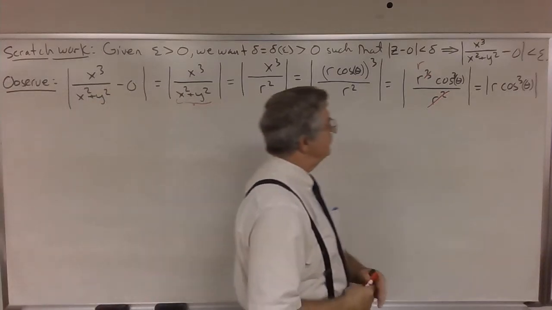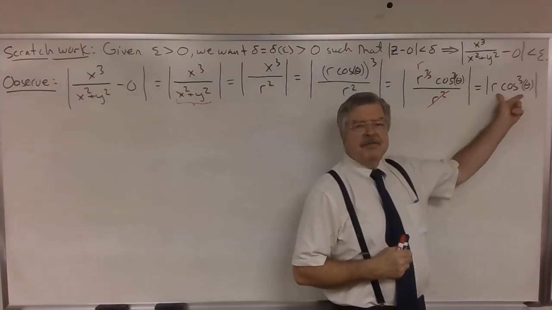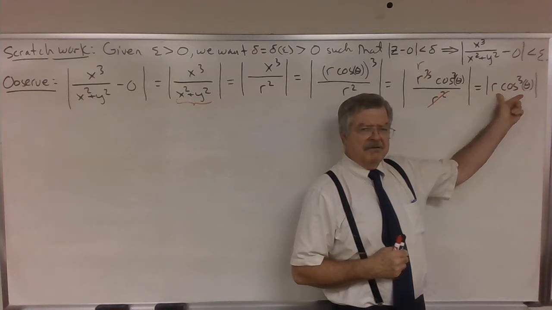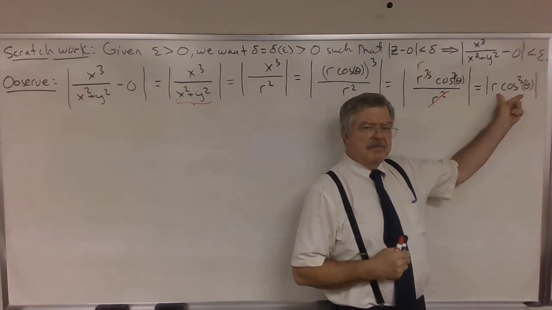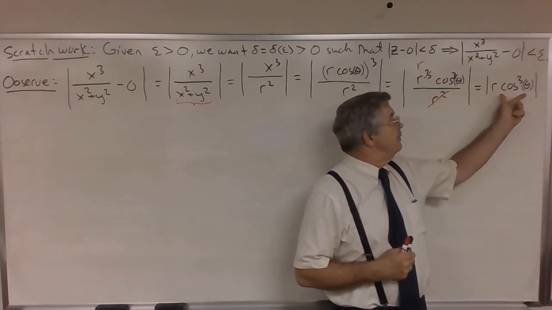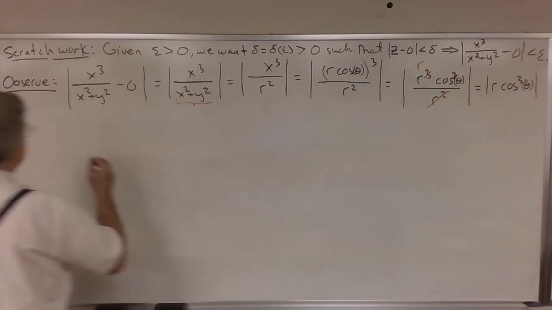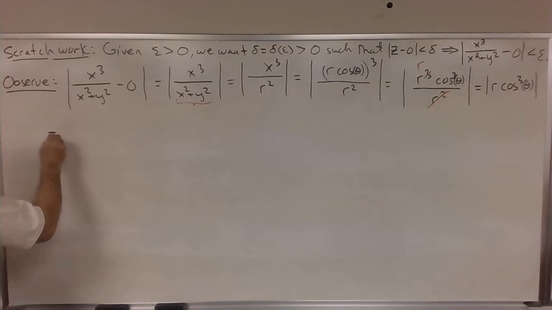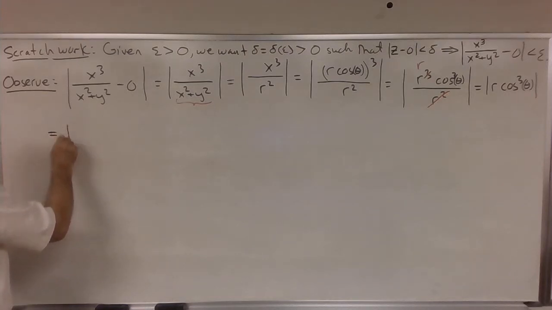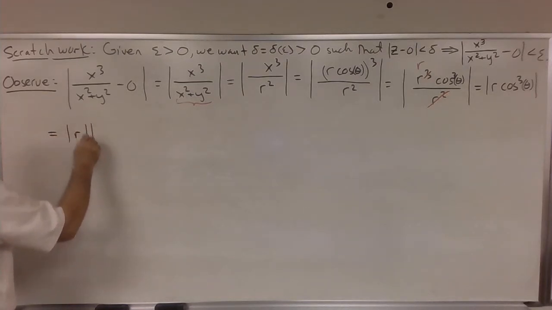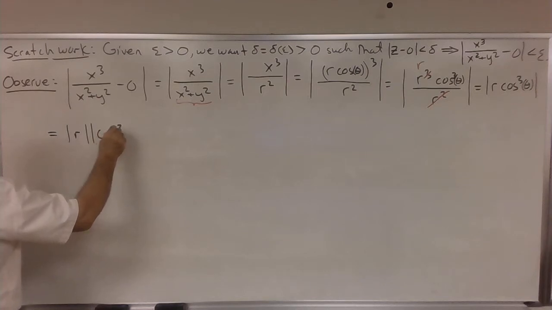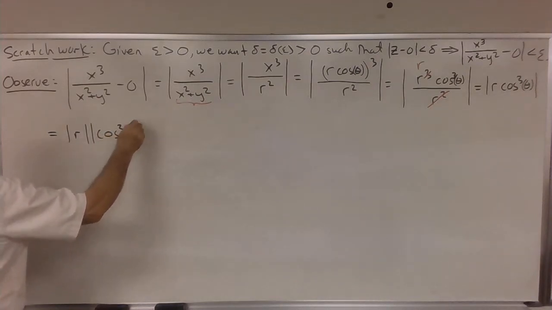And we have this property that the modulus of a product is equal to the product of the moduli. So we can split this up. We're going to get modulus of r times modulus of cosine cubed theta.